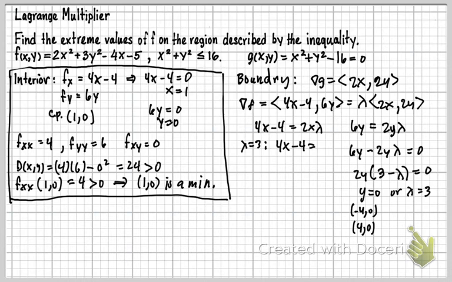So I can move the 4 over, so negative 4 equals 2x. So then x equals negative 2. So I get the other point here. Well, I don't get another point, I get the x, but I will get the other point when I plug it in the constraint. And then this is going to be 4.